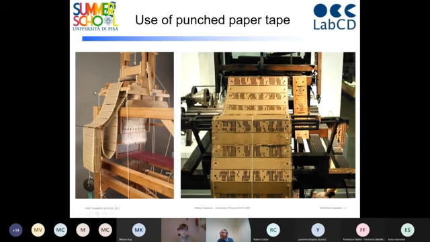Without entering into the details of the loom, you know that the loom is made to weave fabrics. The idea of Jacquard was that you could build a loom in which you put on a punched piece of paper the program, let me say the pattern that the loom was going to draw on the fabric it was building.